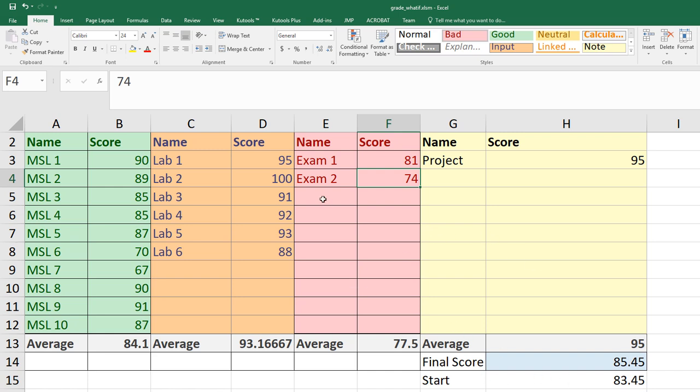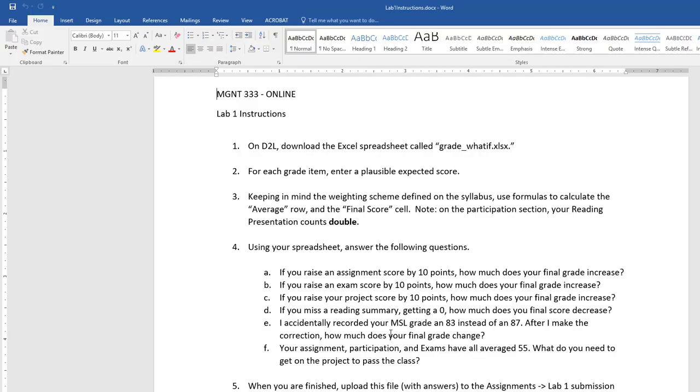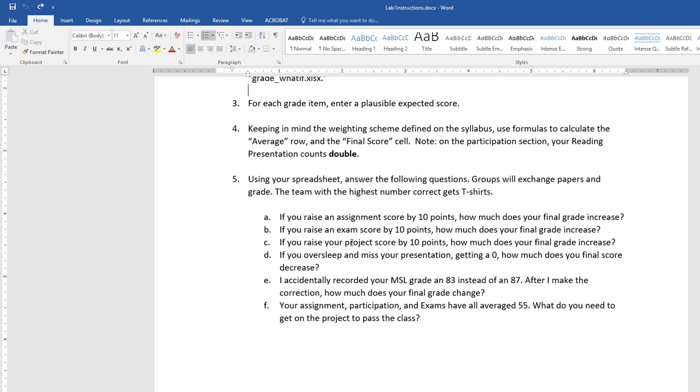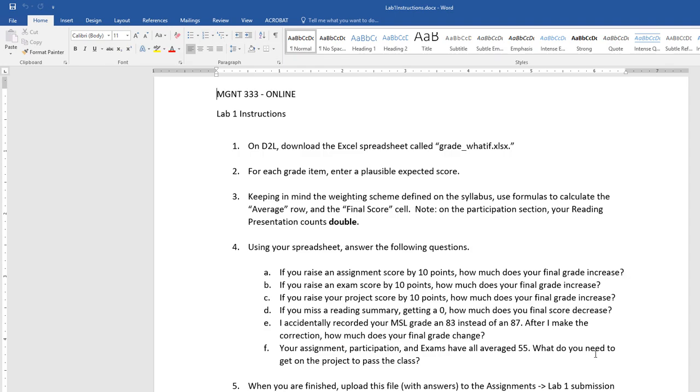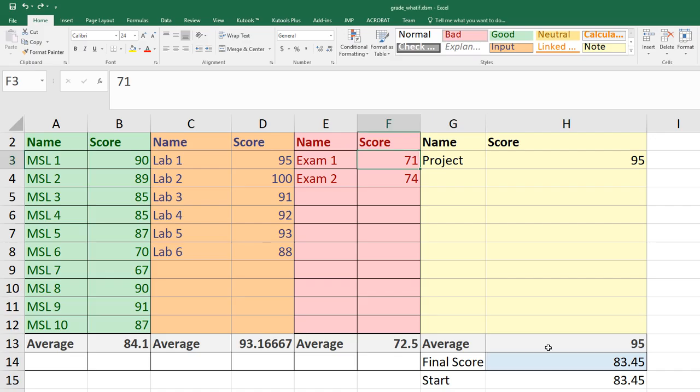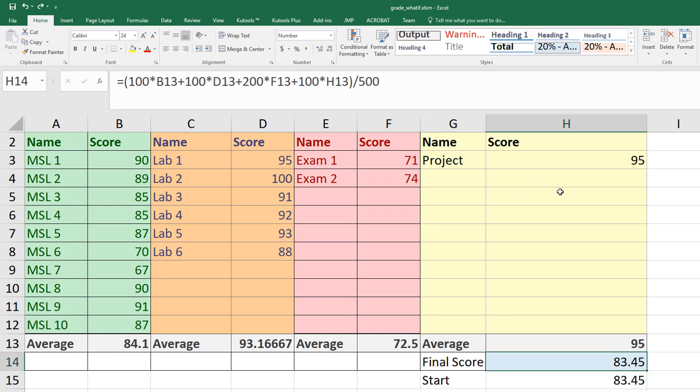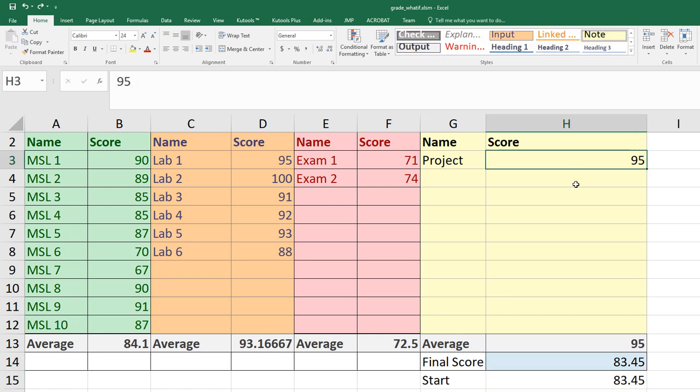Let's go back to the original scenario and take a look at the question. That's actually the wrong one. We'll come here. If you raise your project score by 10 points, by how much does your final grade increase? Let's try it out. Once again, we start at 83.45, and we're currently at 95. I don't know if this is possible, but let's say we went up to 105.